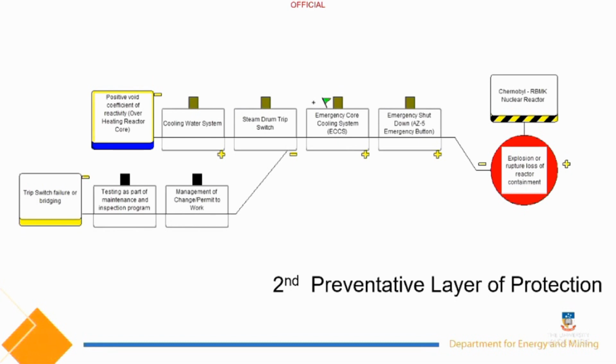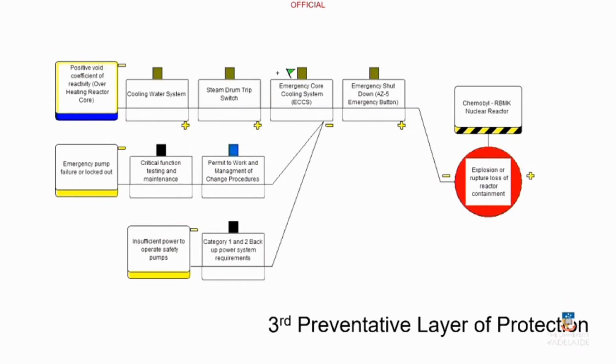So I'm giving you some snippets of some of the whys, which I hope you'll closely review in the video, and it will help you with your assignment. The emergency cooling system, again, pump failure or locked out. In this case, they were actually locked out.